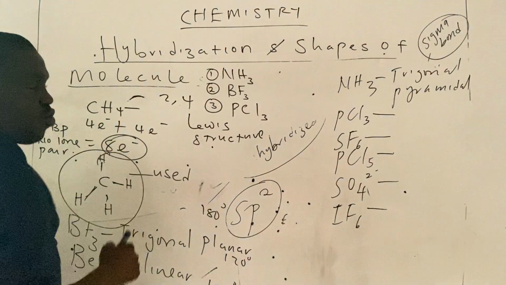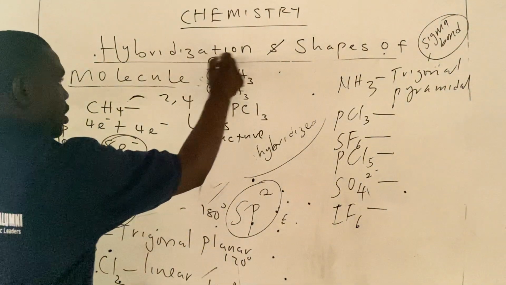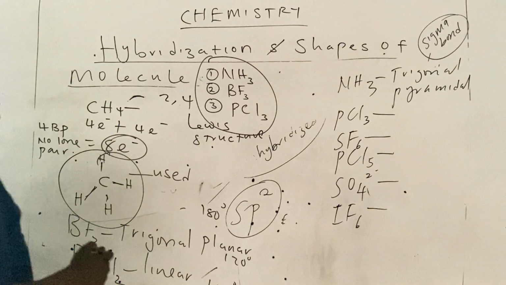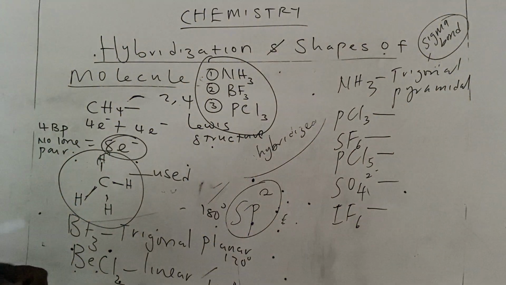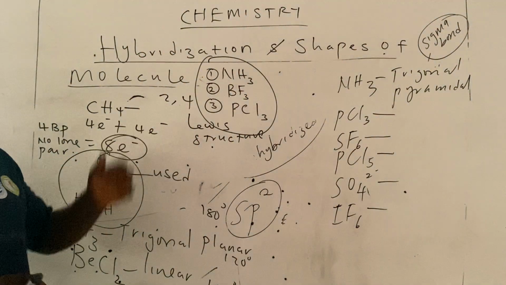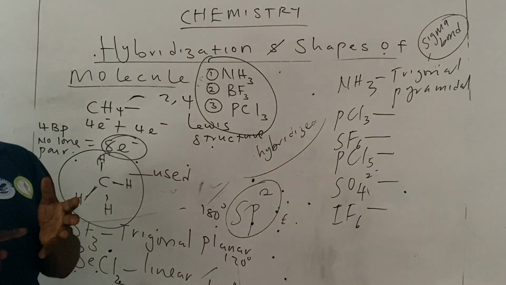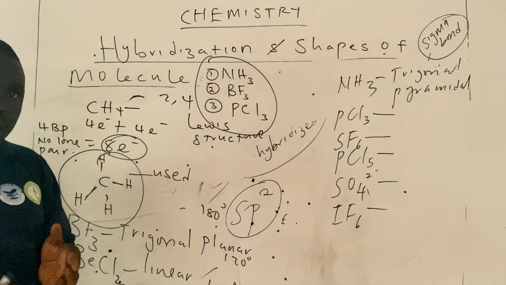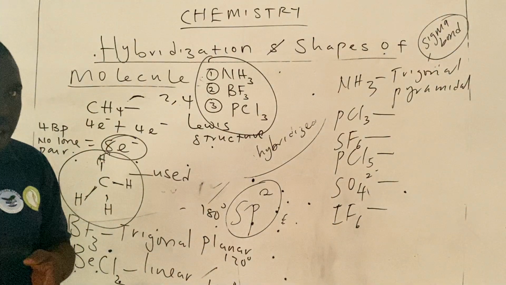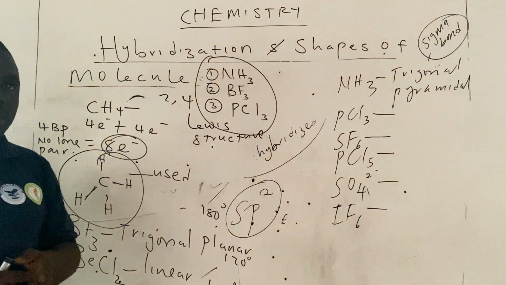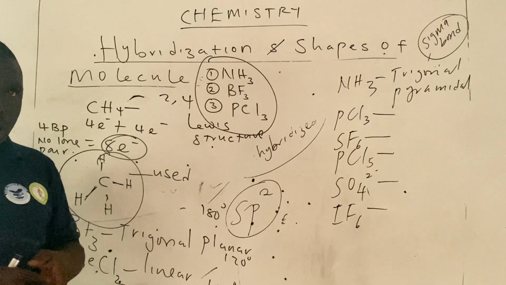Do phosphorus trichloride for me. Just do these 3. All of them are carrying 3. Let's see if they will bear the same name. So check the number of bond pair, the number of lone pair, and predict the name if you can.